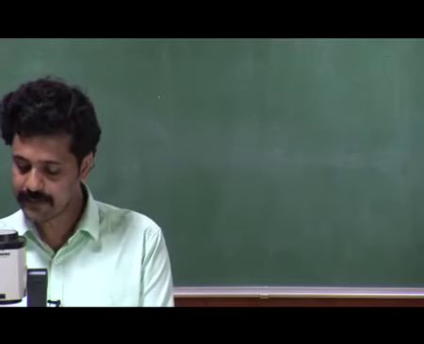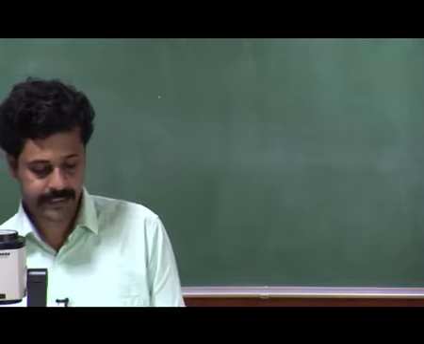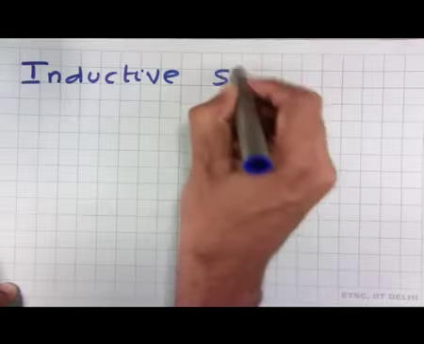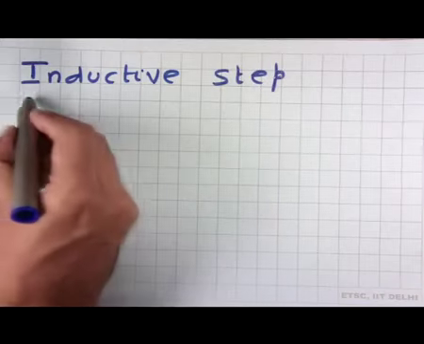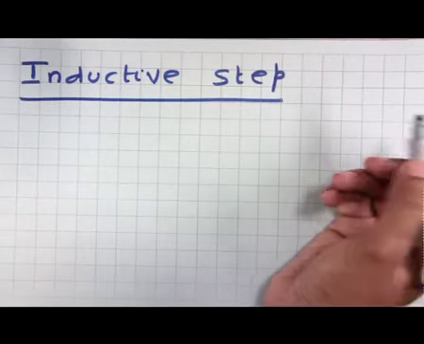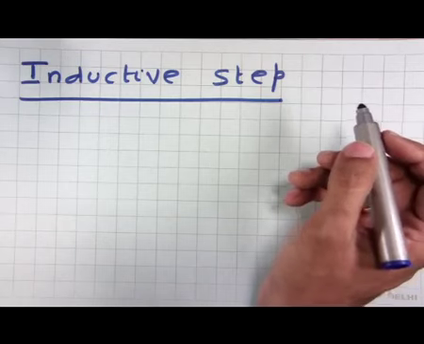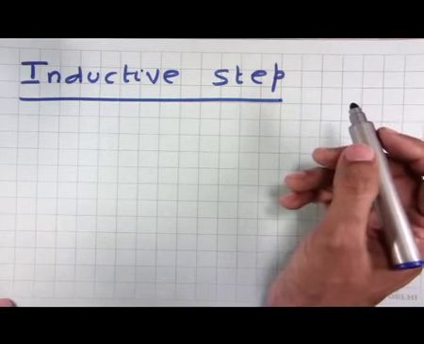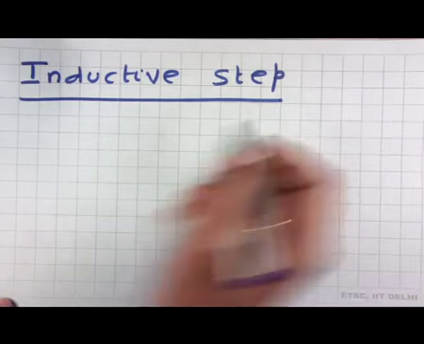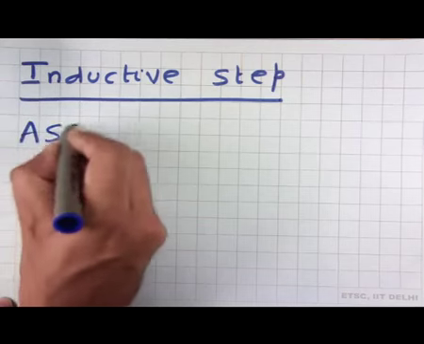Let us proceed with the inductive step, where we have to establish the conditional statement P of k implies P of k plus 1. Assume that P of k is true.